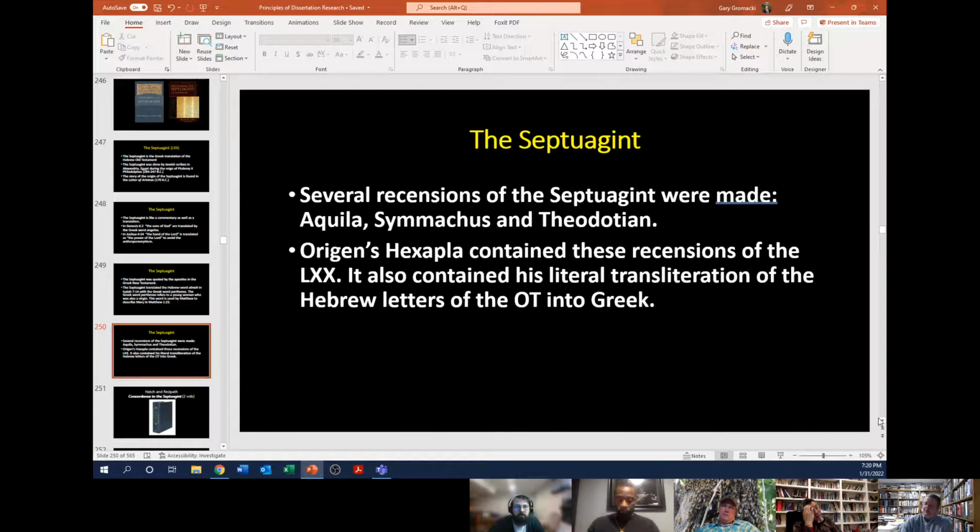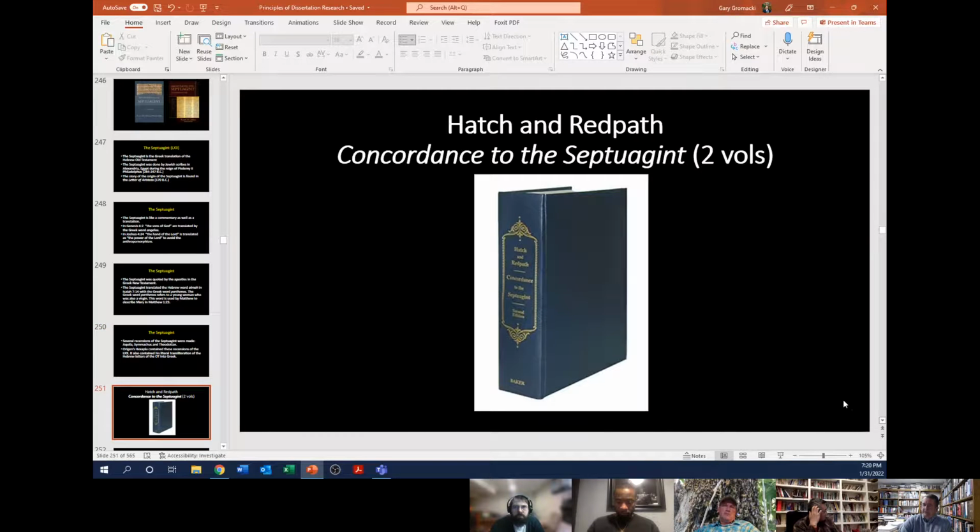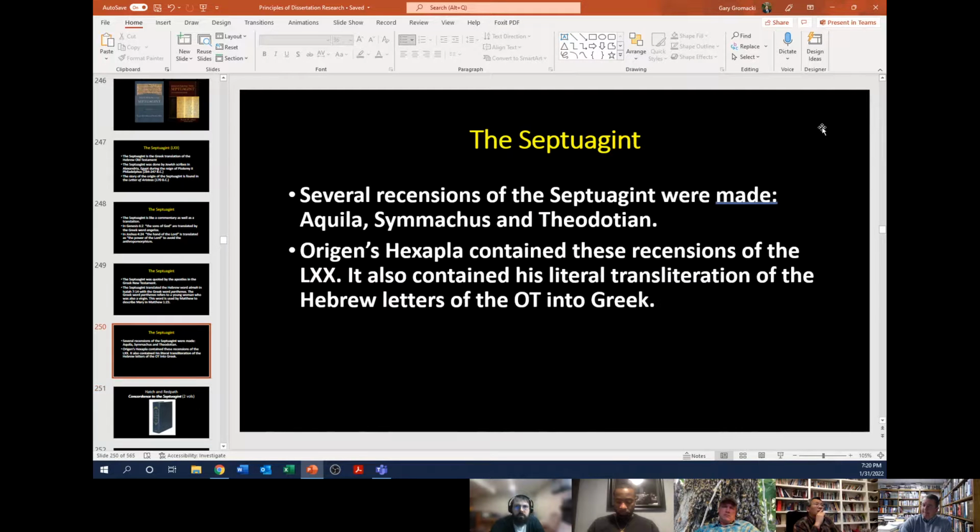Of course, we don't currently possess the Hexapla. It'd be great if we did, but it's important, I think, for us to recognize the recensions there. And what does recension exactly mean? It sounds like it's versions. Is that kind of what is meant by that?